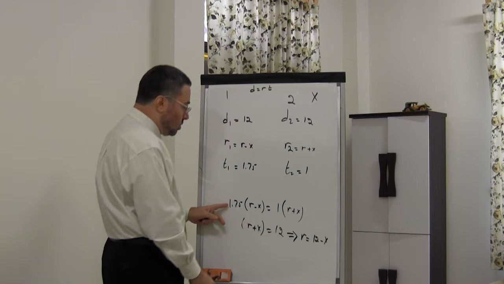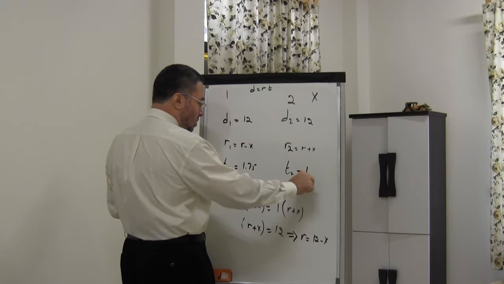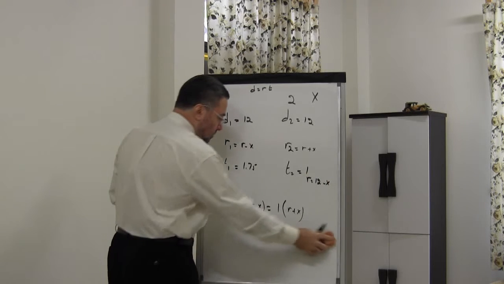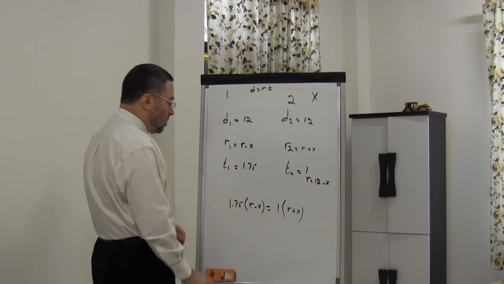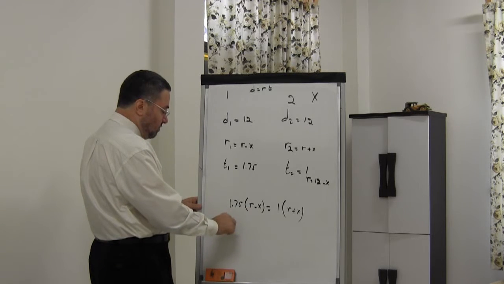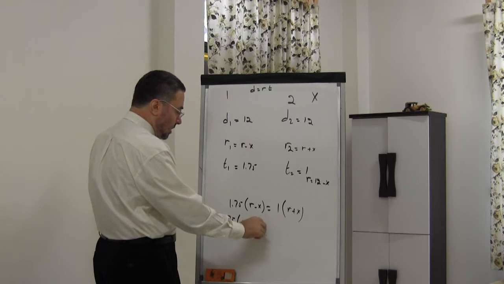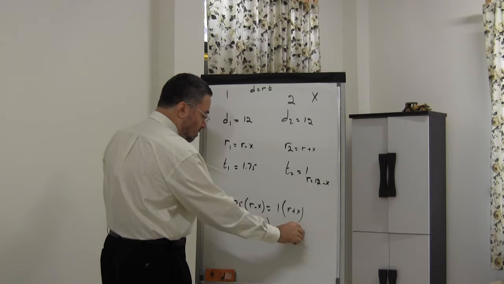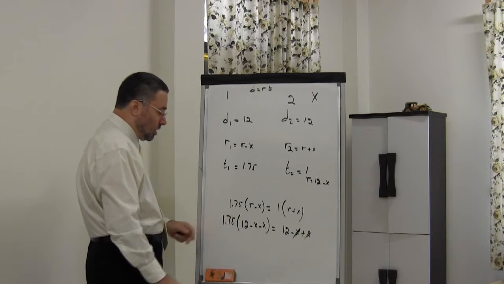So now we are going to solve this. Let's keep this equation on the side. R equals 12 minus x. Instead of R, we are going to replace it in the 1.75 equation: 12 minus x minus x equals 12 minus x plus x, which is 0. And now we multiply.